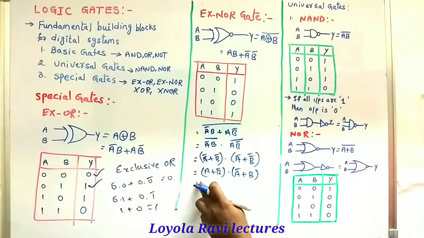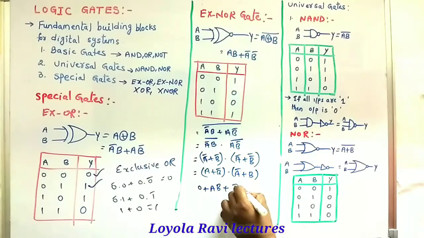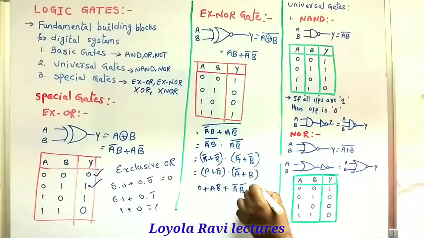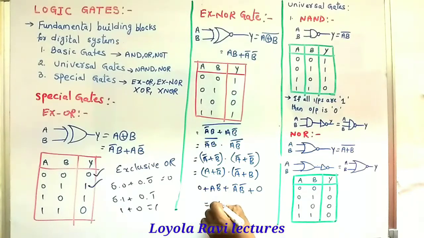See here, A into A bar is 0, plus A into B, AB, plus A bar B bar, plus B into B bar is 0. Nothing but AB plus A bar B bar.